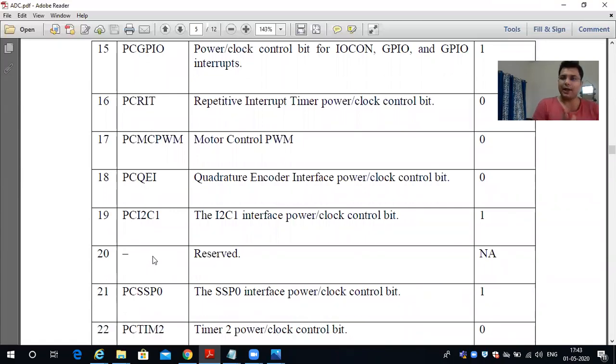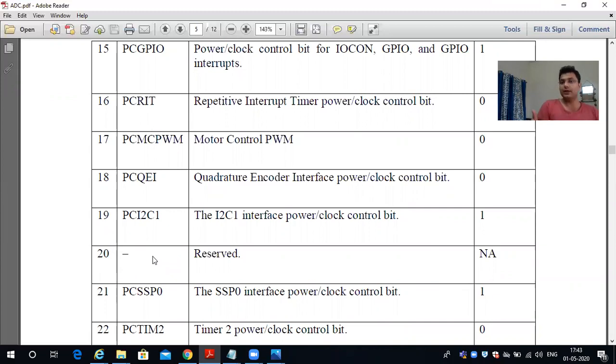Now, whenever any peripheral gets interfaced with the main core, the core has its clock that is called the main clock, and the peripheral also needs one clock to sync with the main clock.